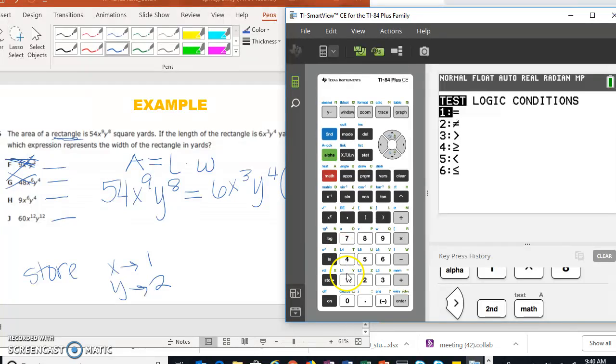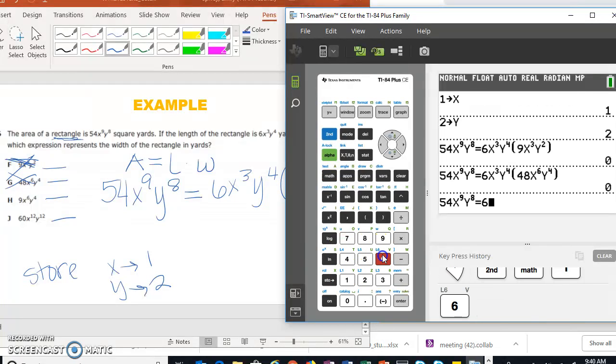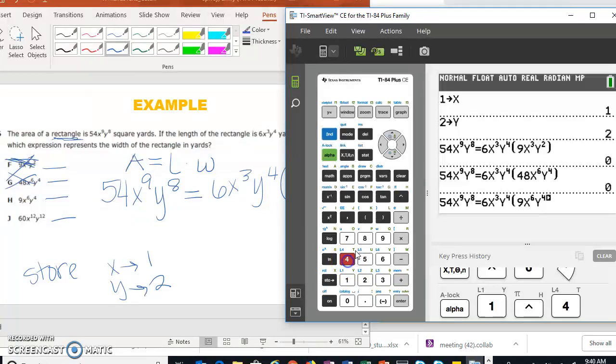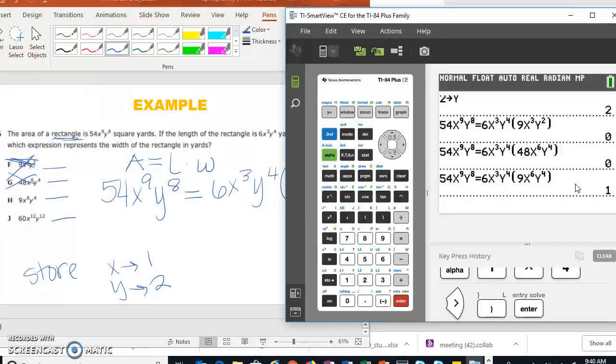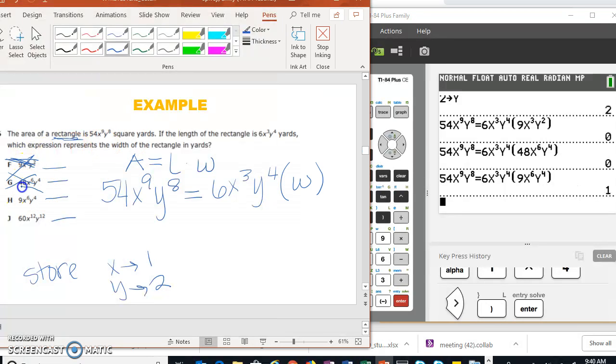Second, math, we select 1 for the equal sign, and then 6x to the 3rd, y to the 4th, times 9x to the 6th, y to the 4th, and we got a 1, which tells us that this is the correct answer. So the correct answer on this one is H.